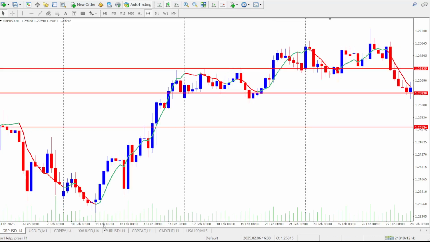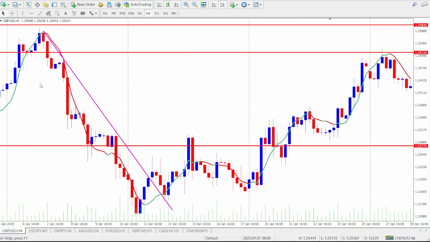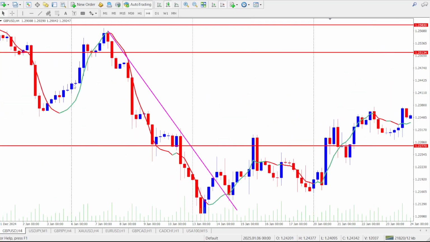Then for your sell trades, your stop loss should be above the previous swing high, and your target reward also should be at least twice the risk to maximize your potential returns. That's the risk to reward ratio of 1:2. This structured approach ensures that traders maintain consistency and avoid emotional trading decisions.